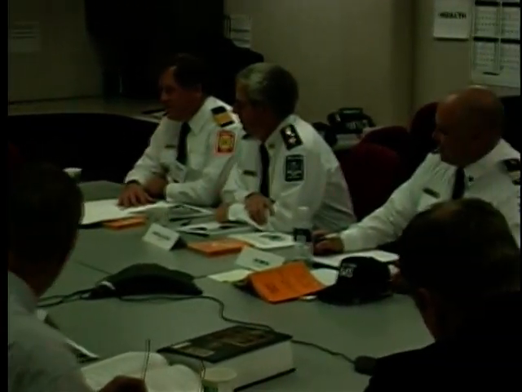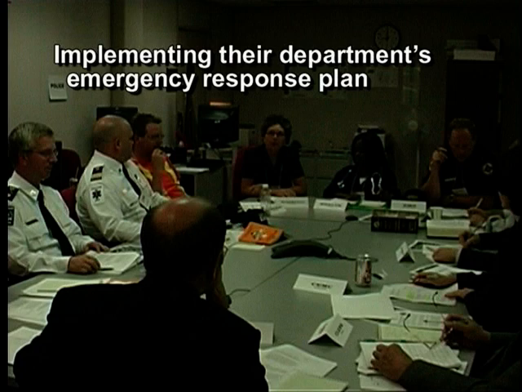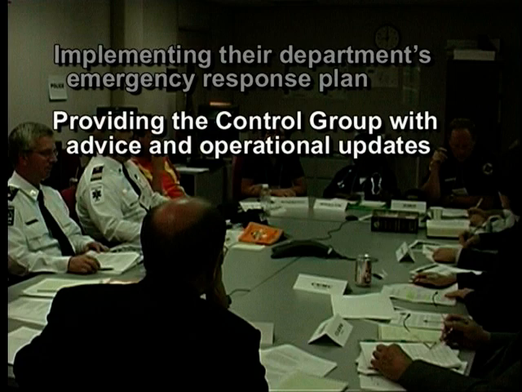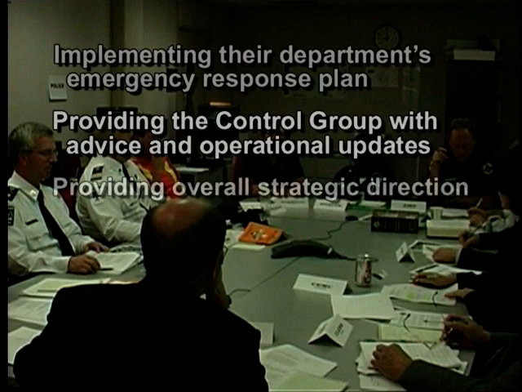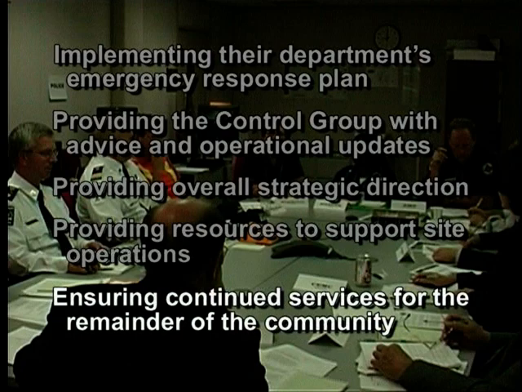The rest of the control group members include the senior leaders from the police service, fire department, emergency medical services, public works, social services, and public health. Collectively, they're responsible for implementing their department's emergency response plan, providing the control group with advice and operational updates specific to their department's services, providing overall strategic direction to their senior representative at the site, providing resources to support site operations, and ensuring continued services for the remainder of the community.